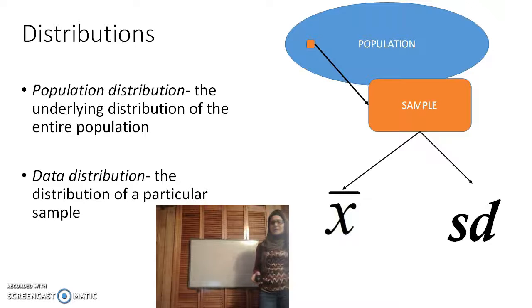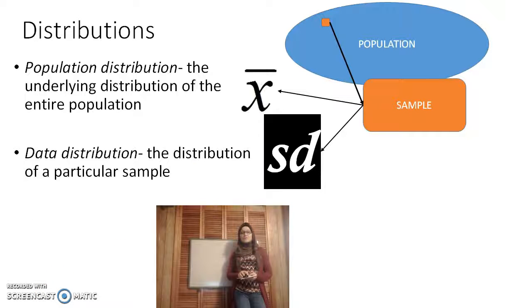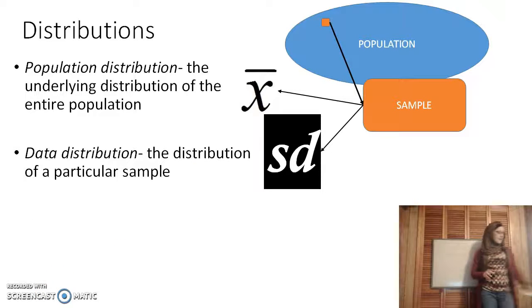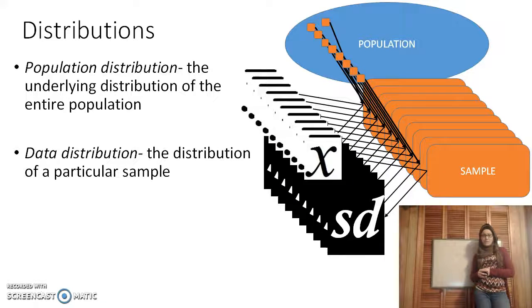What I want to talk about in Chapter 7 is, instead of just getting one sample, what if we get many? What if I get many people to help me go out and talk to 50 different people? So I'll go out and talk to 50 different people, and I'll get an average response, and I'll get a standard deviation of those responses. But what if 10 of us go out and talk to 50 different people?